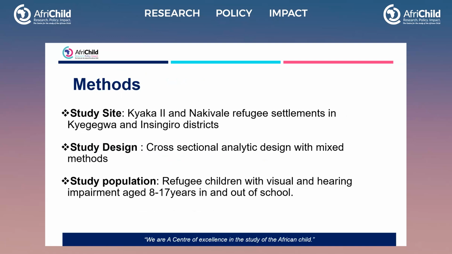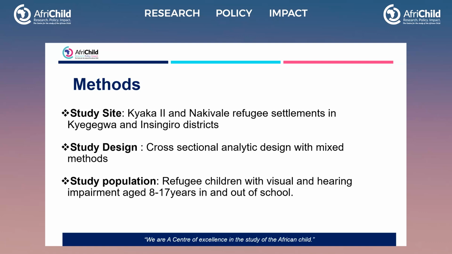The methods that we used included the fact that, as I've already mentioned, our study site was Chaka 2 and Achivale refugee settlements in Chegegwa and Isinjiro districts in Uganda. The study design was a cross-sectional analytic design with mixed methods approach.